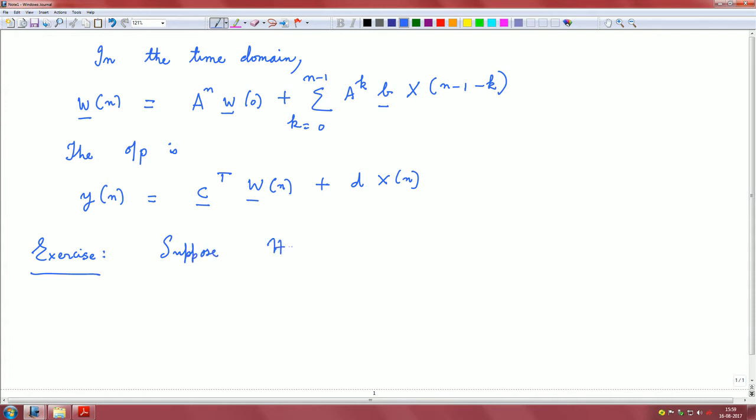Suppose I give you a transfer function H of z, which is 1 plus 2 z power minus 1 plus z power minus 2 over 1 minus 0.75 z power minus 1 plus 0.125 z power minus 2.